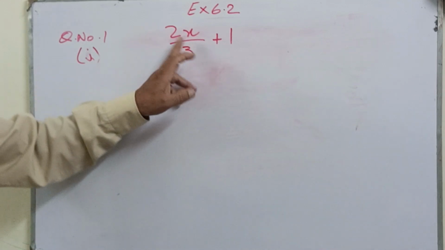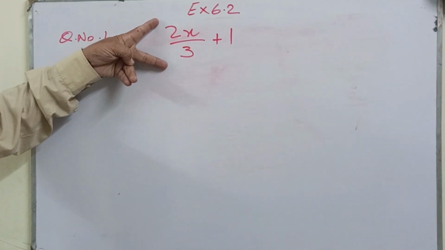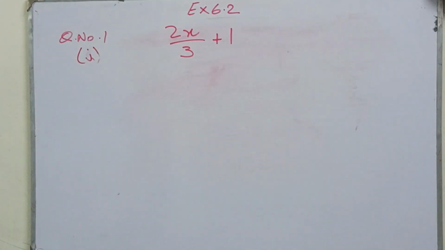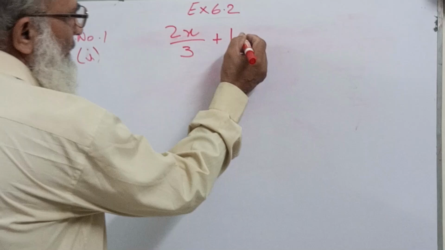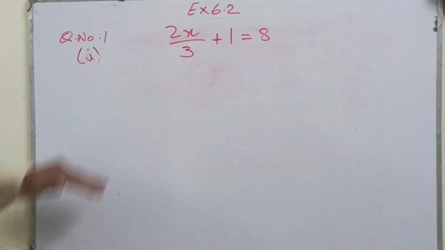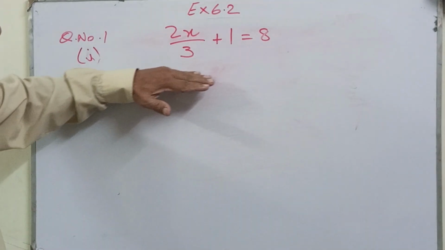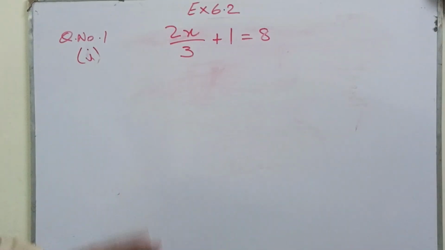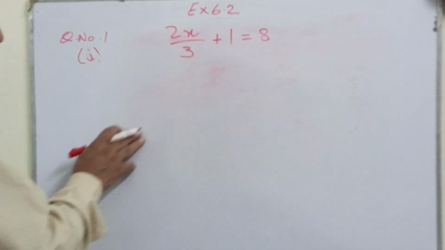The fraction lies only at the first part of this equation and it is equal to 8. Now you see that the wordings of this part and the part prior to this are almost the same. So what will we do here?